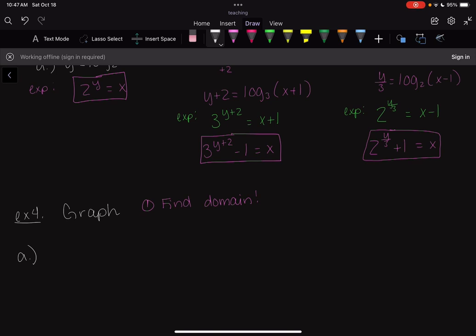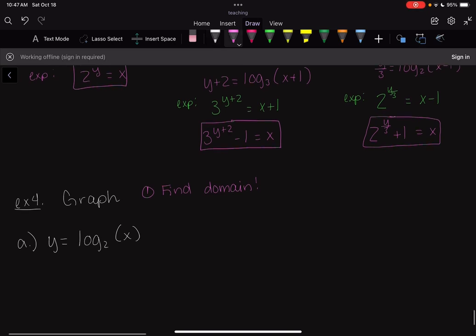So for our first one, we have y equals log base 2 of x. For the domain, it's that the inside of the parentheses must be greater than 0. It also can't equal 0.